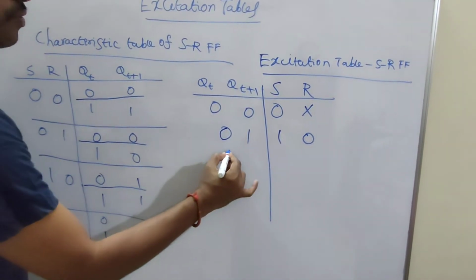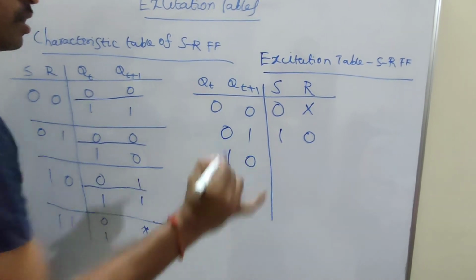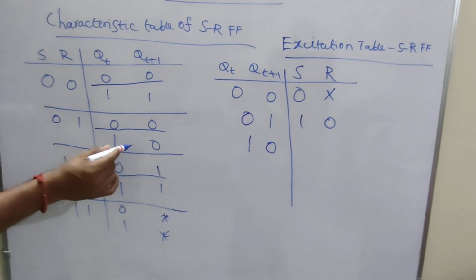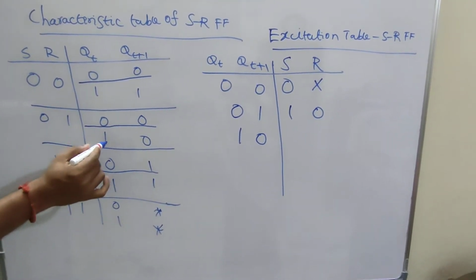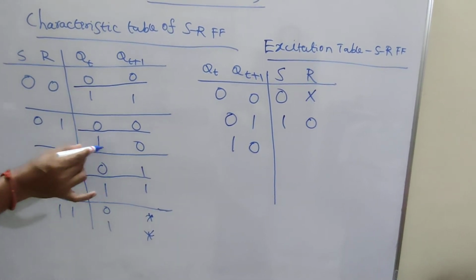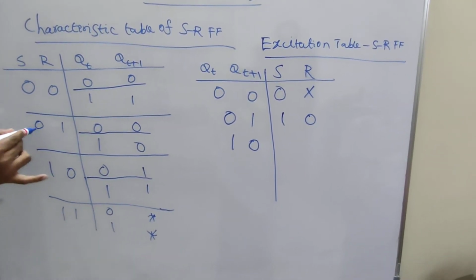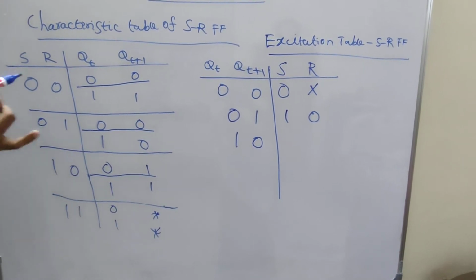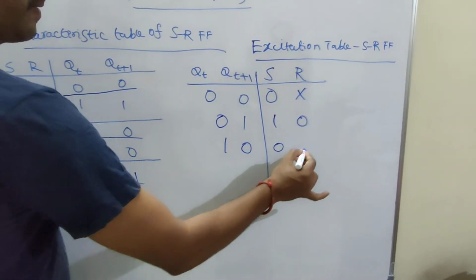Then for the next input 1 0, is it coming in more than one combination? No, it is coming in only one combination, so we write the corresponding values of S and R as they are. Here for 1 0, the S and R value is 0 1.